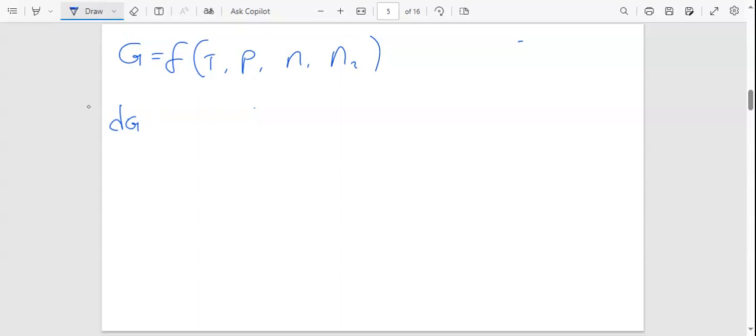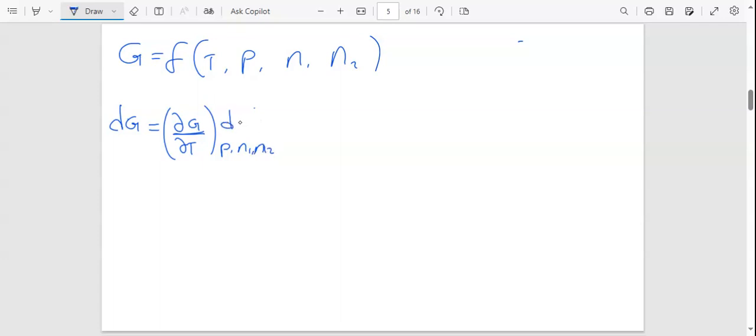So now dg will be as follows. There will be a partial derivative in what? In the same g. But in this case I'll differentiate what? T. So I'll say partial in t. Then I'll maintain p, n1, then again n2. So I'll hold these constant.